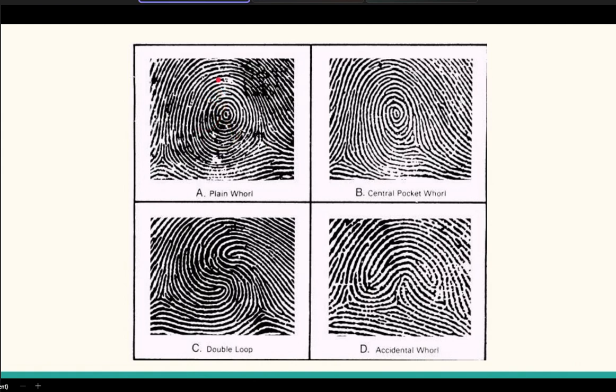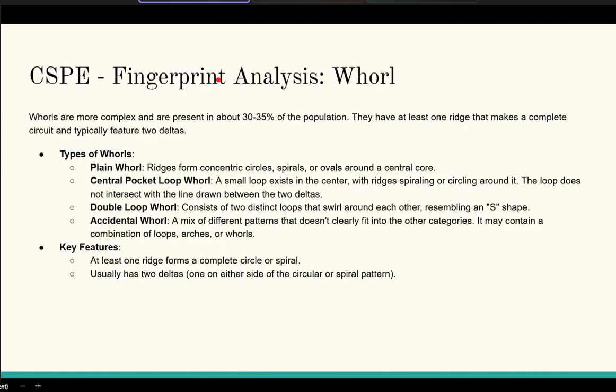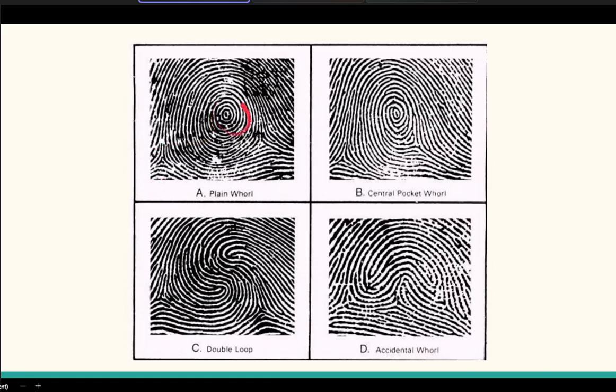There are a couple types of whorls. You won't need to know all of them. You essentially need to know the plain whorl and the central pocket loop whorl, but it's also good to know about the other ones. Plain whorls are just ovals around a single core, just like you see right here.